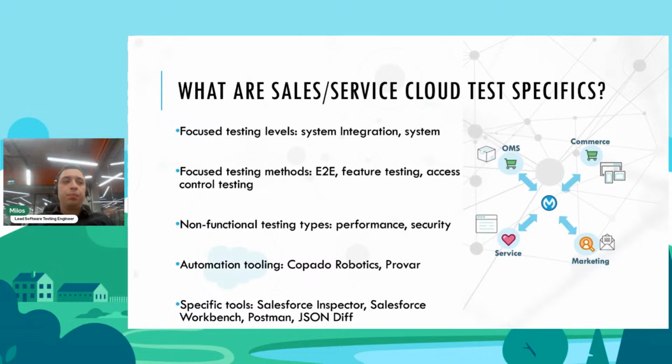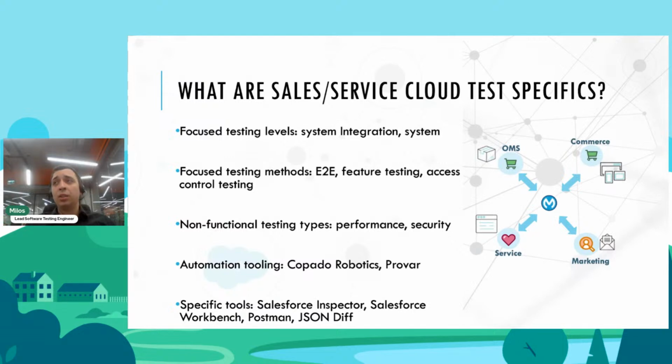Regarding the automation, there are two tools. I did not say it before, but I will say it now: I did not have too much experience with automation on the Service Cloud itself. But a few of my colleagues have worked with automation on Service Cloud, and Copado Robotics and Provar are really good tools to use for automation.